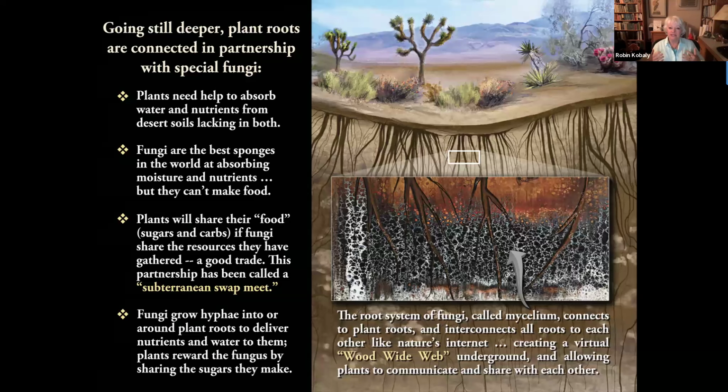So we know that this sharing of nutrients, moisture, and even immune boosting compounds happens, that the fungus tries to supercharge its host with, because the healthier the host plant is, the more sugars it'll produce, and therefore the healthier the fungal partner underground is going to be.